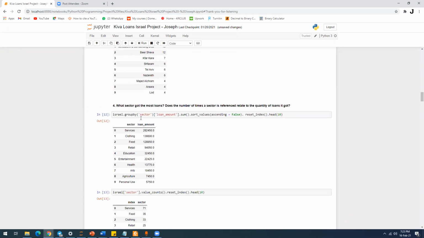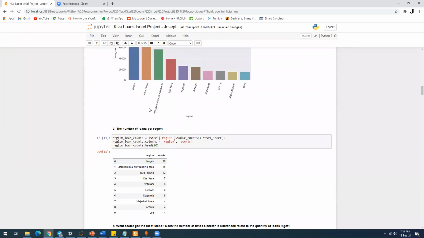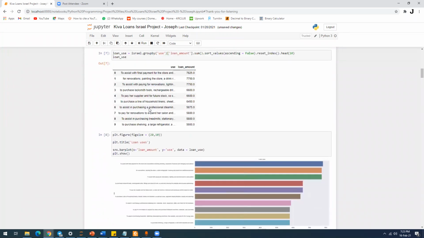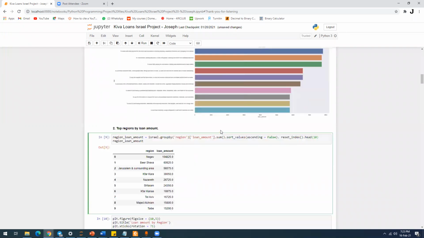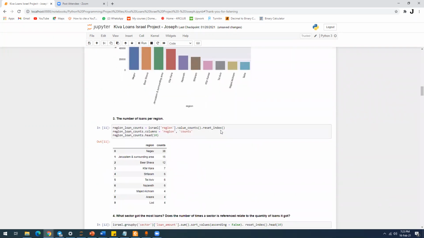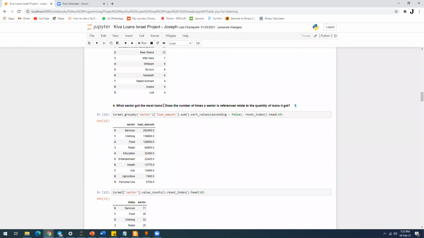And what sector got the most loans? And does the number of times a sector is referenced relate to the quantity of loans it got? Taking you back to the columns, what sector got the most loans? It's more or less the same thing, a group by with loan amount.